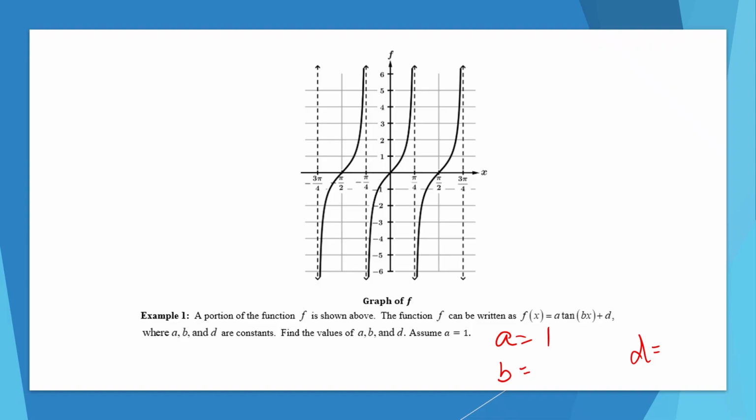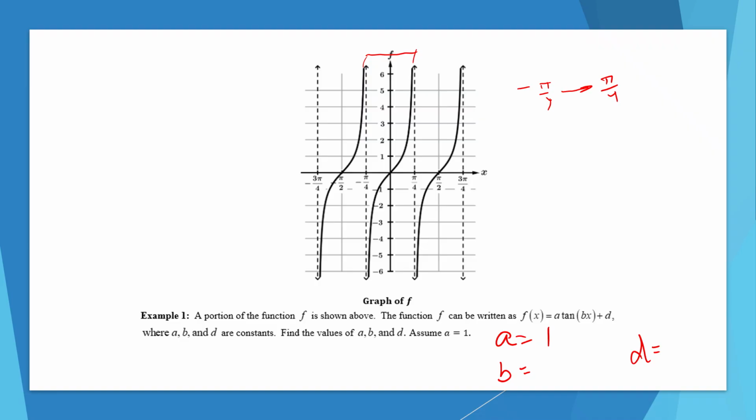Now let's find our b value. Here, let's look at our period. I look at vertical asymptotes for tangent. That's how I find the period. You can find it a few different ways, but I like vertical asymptotes. We're going from negative pi over 4 to positive pi over 4. This is not a length or distance of pi over 4.